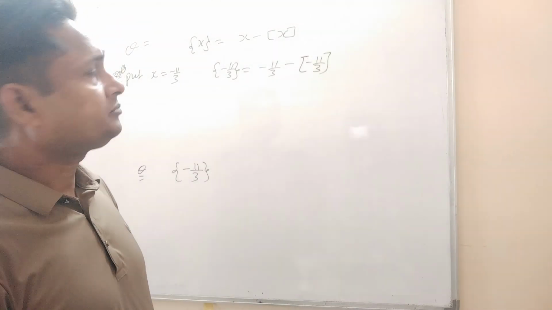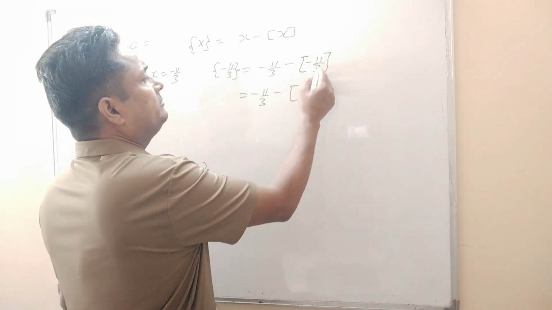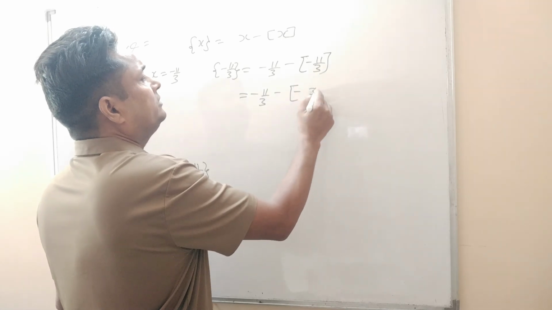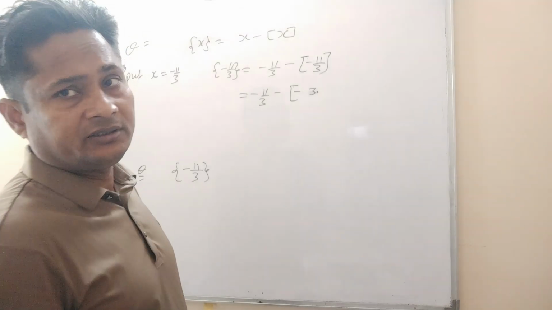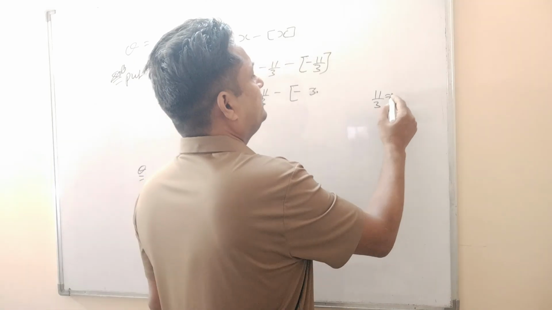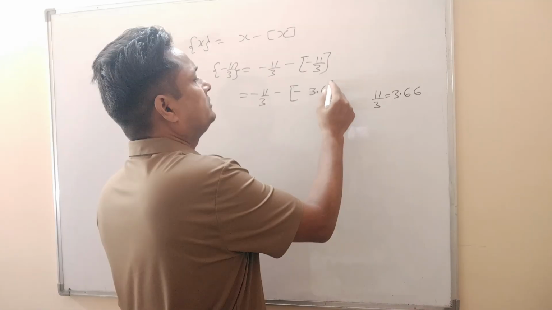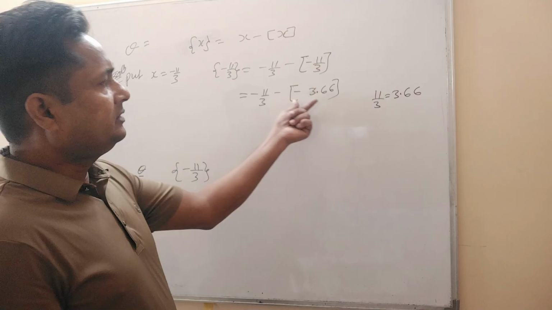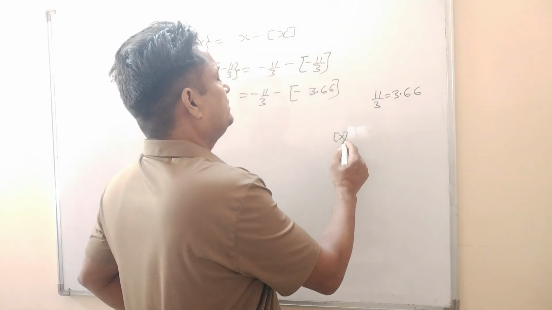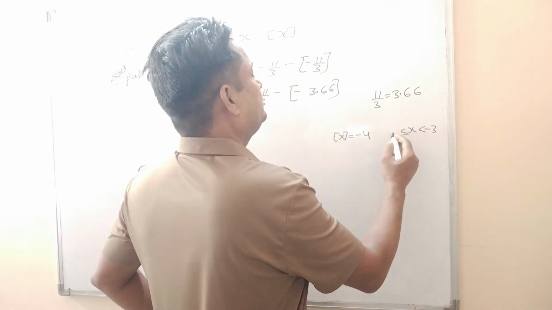Right. So this will be minus 11 by 3 minus the greatest integer. If you divide 11 by 3, what will be its value? It will be about 3.66. So what will be the value of the greatest integer? Recall the property of the greatest integer: it will give minus 4 if x lies between minus 4 and minus 3.